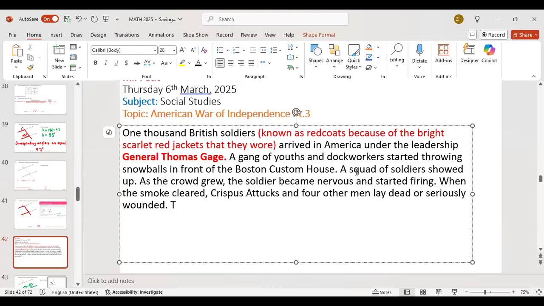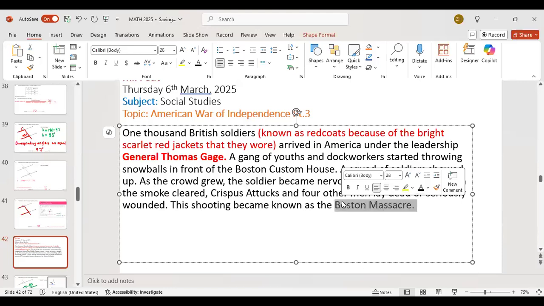What did this shooting become known as? The Boston Massacre. Very good, Antoine. The Boston Massacre. What does massacre mean? Was it just one shotgun? No, not just one.